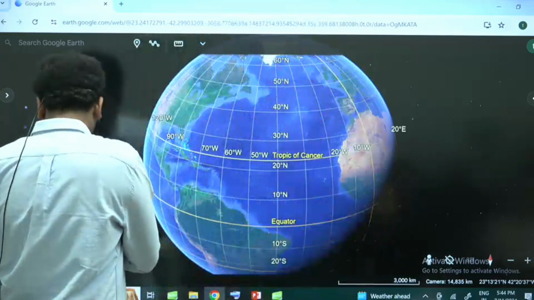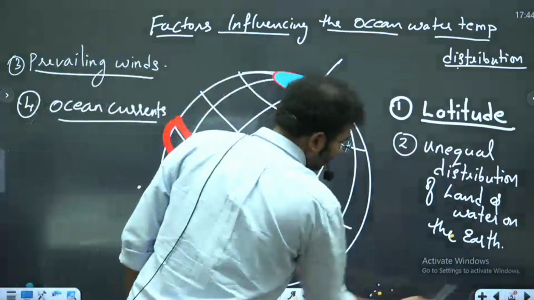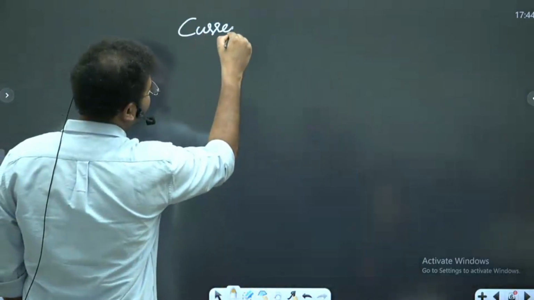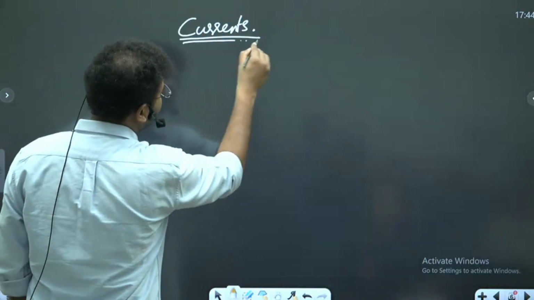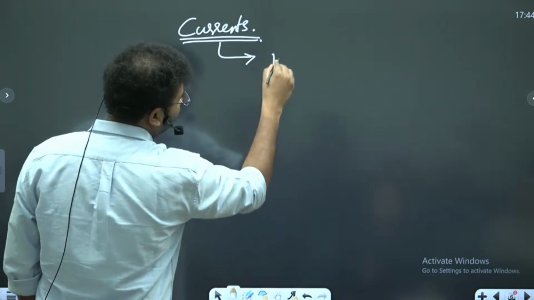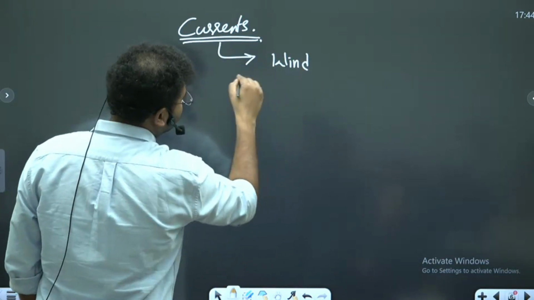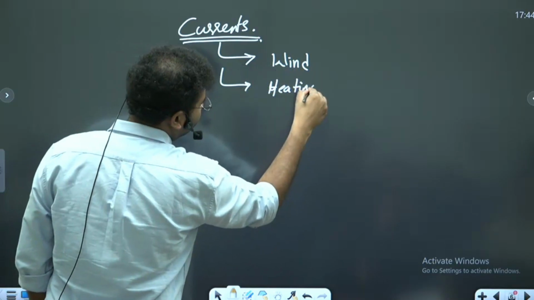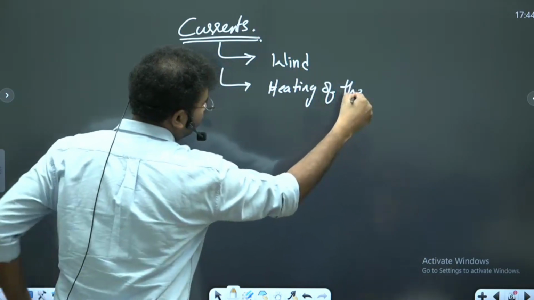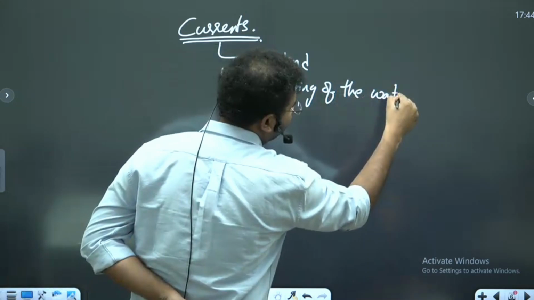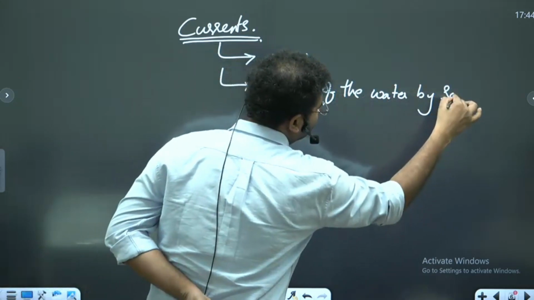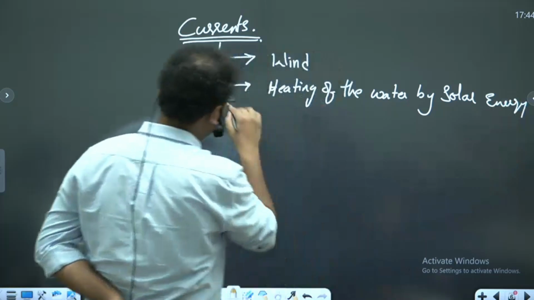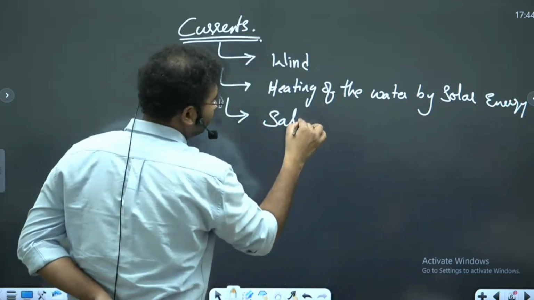Now, can I move towards currents? And let's try to understand the ocean water currents. Number one, the factors are wind. Second factor, heating of the water by solar energy. And next, salinity.